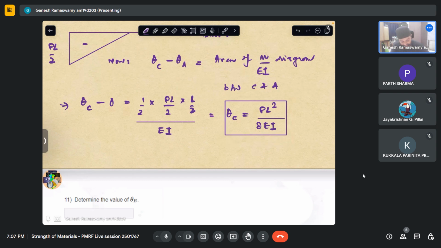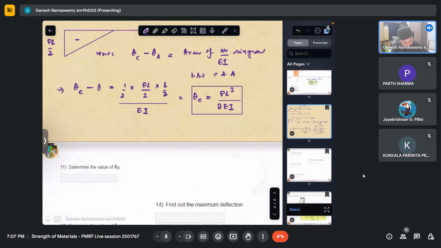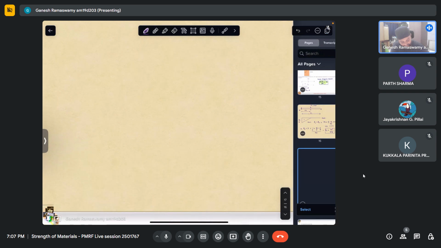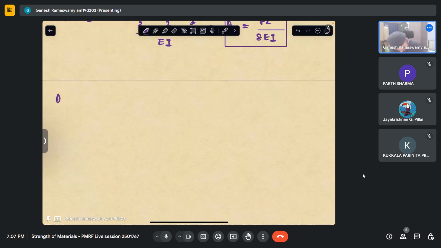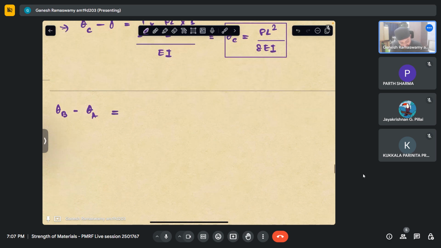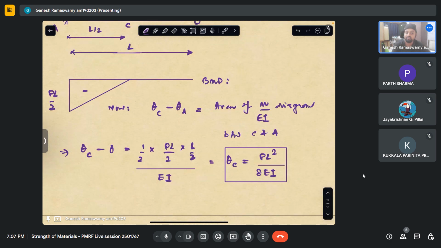Now similarly, if we were to take the points as theta B minus theta A, we will still land up with the same answer. That is because there is no contribution of moment in this portion of the beam.